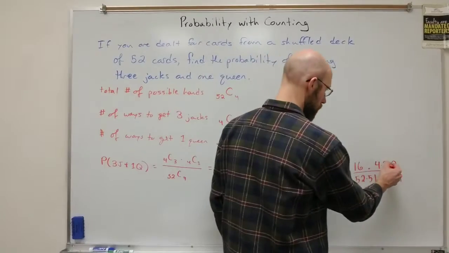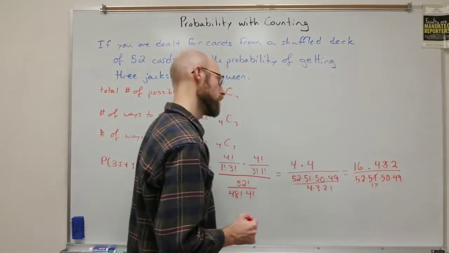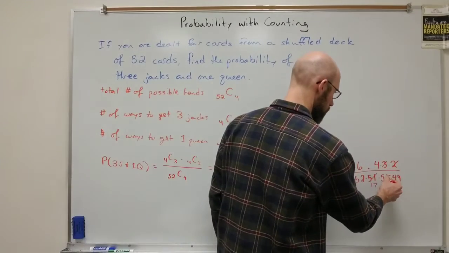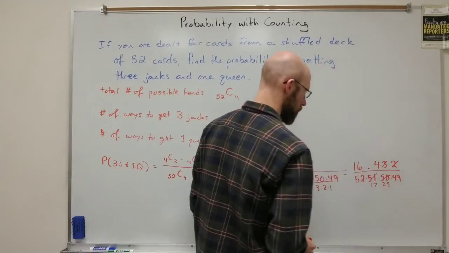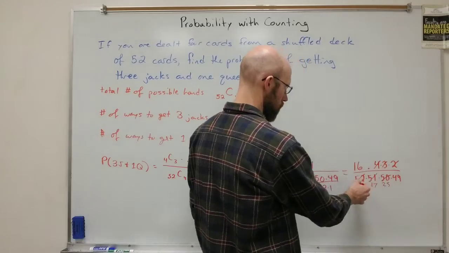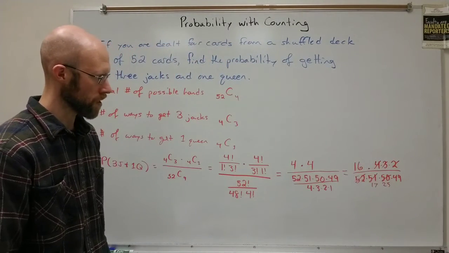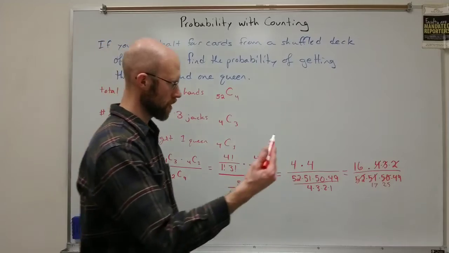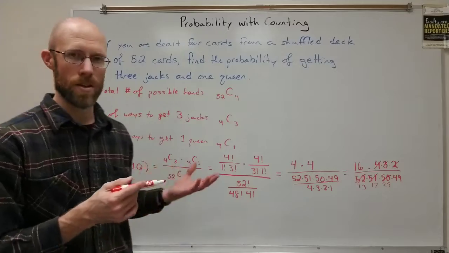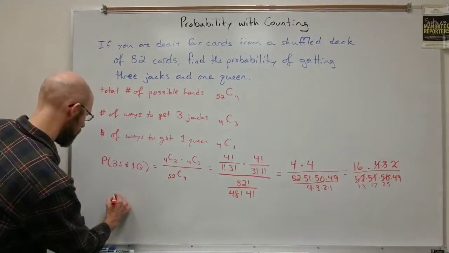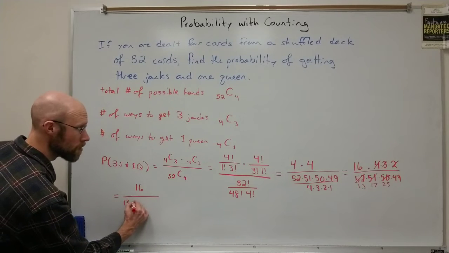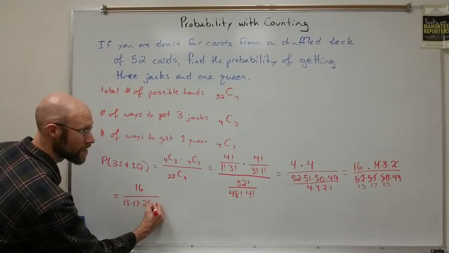The 3 and the 51 cancel, that's 17. The 2 and the 50, that's 25. I could cancel the 4 with the 52. How many times does 4 go into 52? 13 times? Yeah, 13. And there's not really anything else I can cancel that I see. So I'm really left with a probability of 16 over the product of 13 times 17 times 25 times 49.